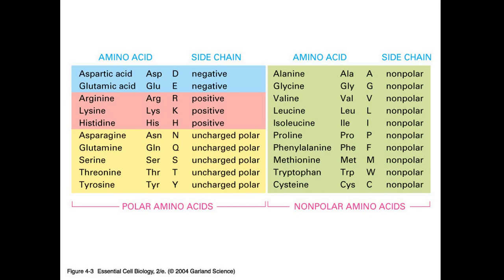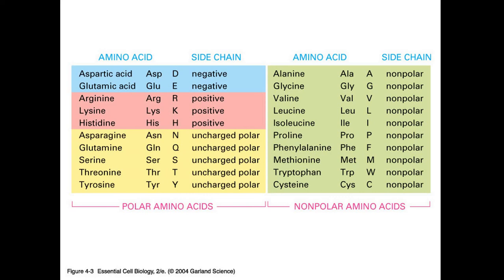The amino acids shown in sky blue color are known as acidic amino acids. Arginine, lysine and histidine are known as basic amino acids. And other than these, all the remaining polar amino acids are wholly polar, meaning they have a hydrophilic nature.